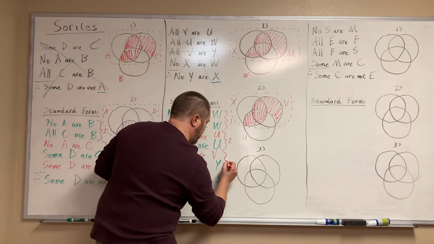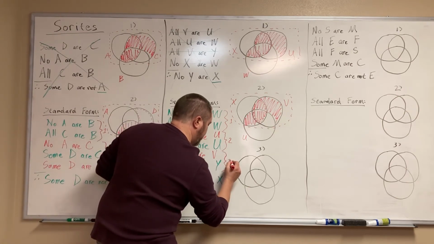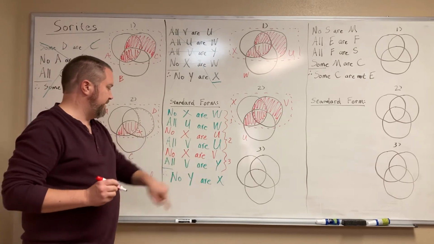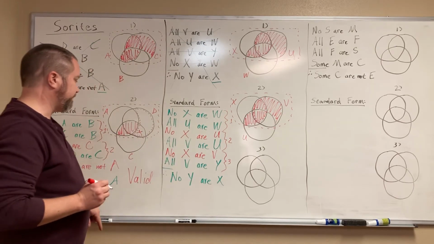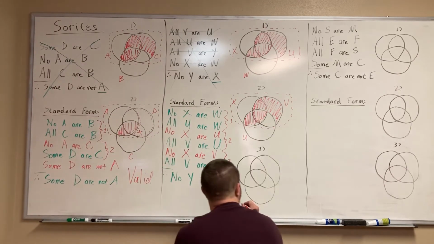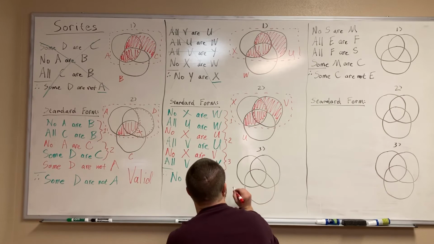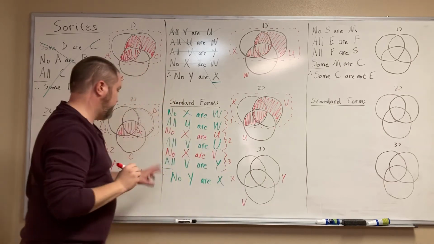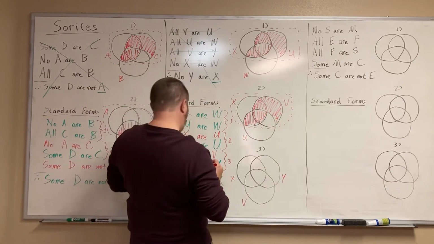And our last Venn diagram that we're going to test is going to be using that sub-conclusion and the next premise in the argument. So let's go ahead and label these. V is your middle term, and then X and Y. So no X are V, is that right?